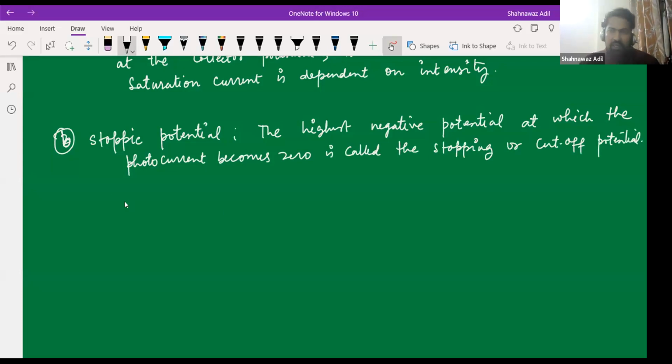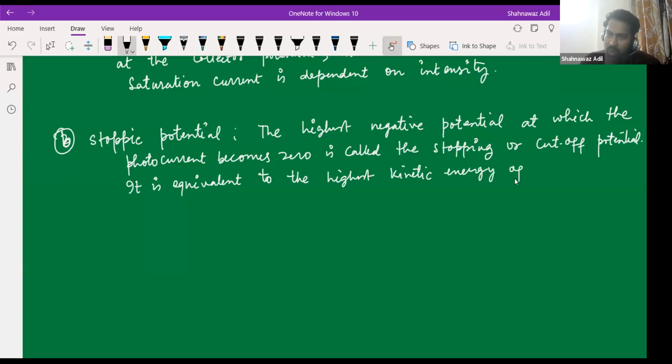And it is equivalent to the highest kinetic energy of the emitted photoelectron.